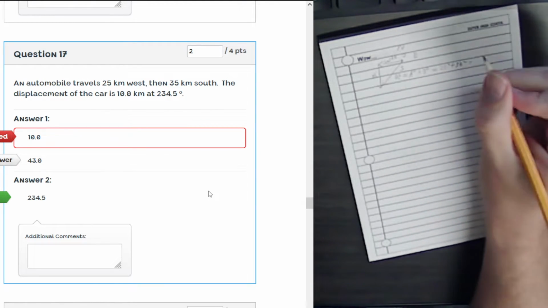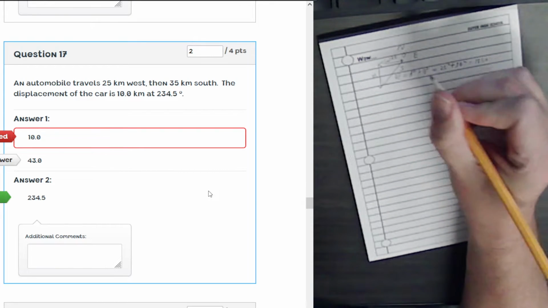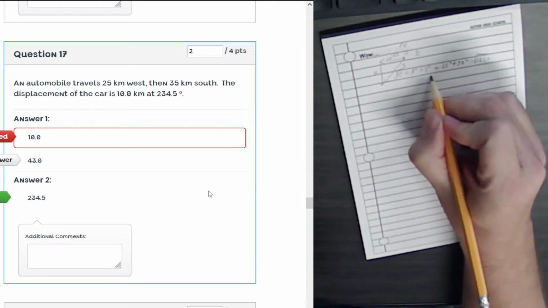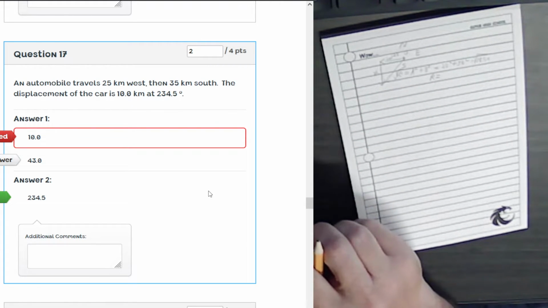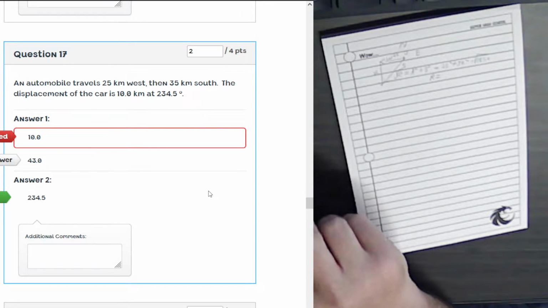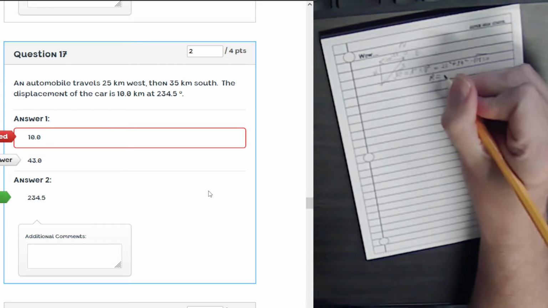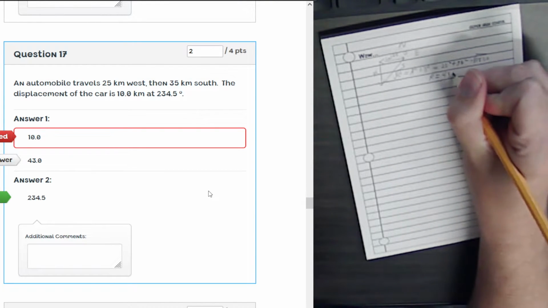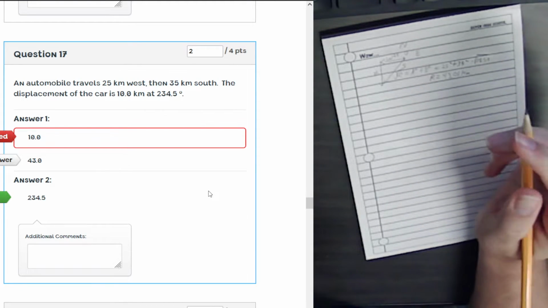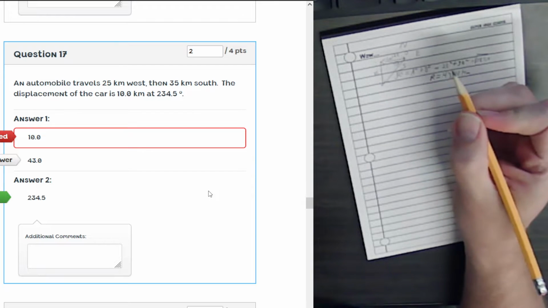That gives us 1850. But remember, that's going to be r squared, and we don't want r squared, so you'd have to take a square root to get our answer. So r would just be the square root of that 1850. So it's about 43.01 kilometers.